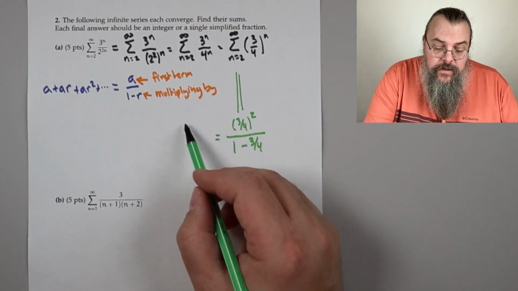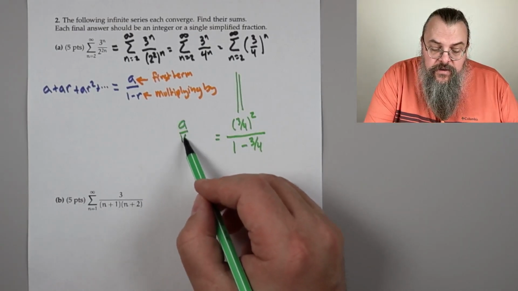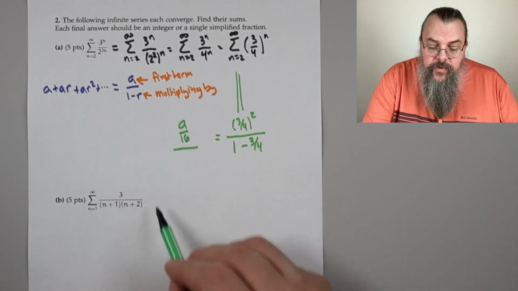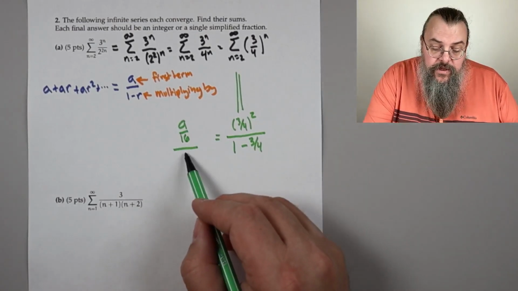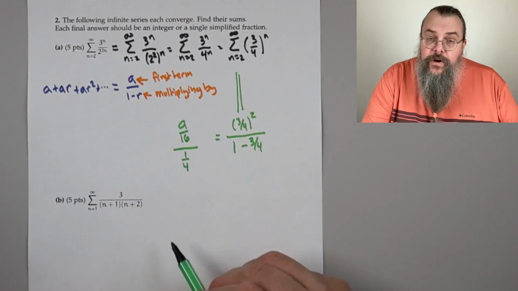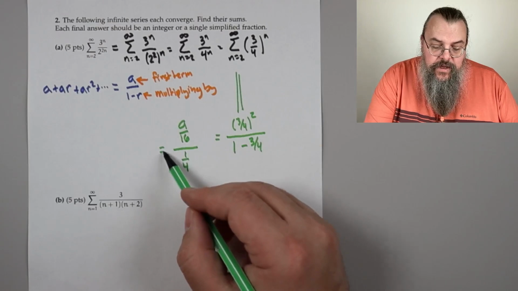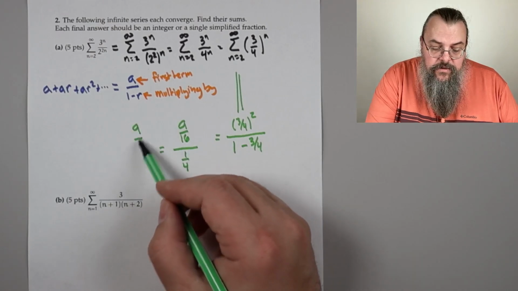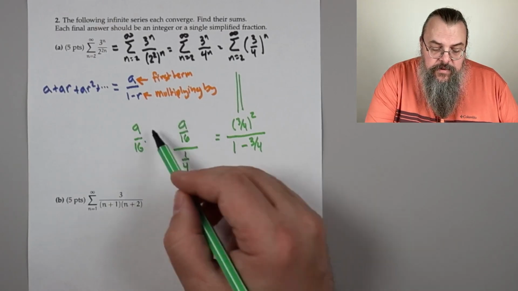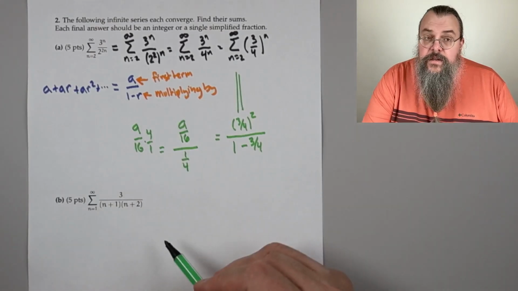(3/4) squared would be 9/16. 1 minus 3/4, well, that's 1/4. And now you can flip and say, okay, this is the same as 9 over 16 times 4 over 1.